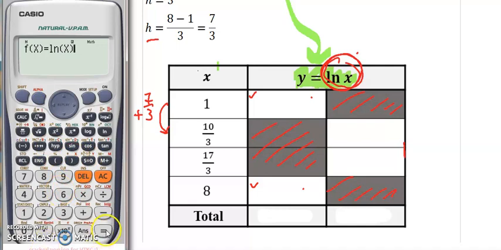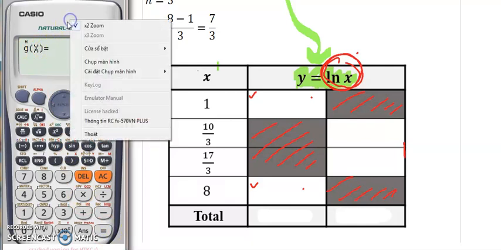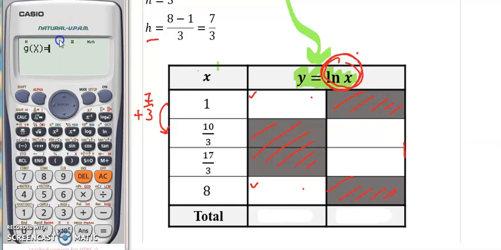Next, we press equal. You will see another function g appear because our calculator is able to do the calculations for two functions at the same time for table. For the second function gx, we just ignore it. We just continue pressing equal, and then it will come to the lower bound value.